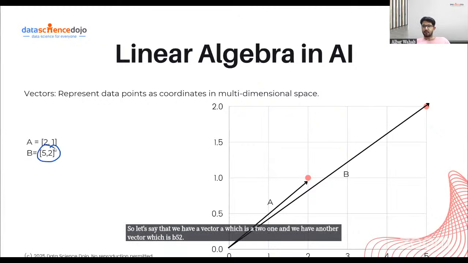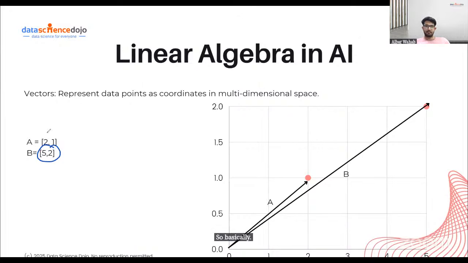So basically, think about these as individual points going from your point of 0, 0.